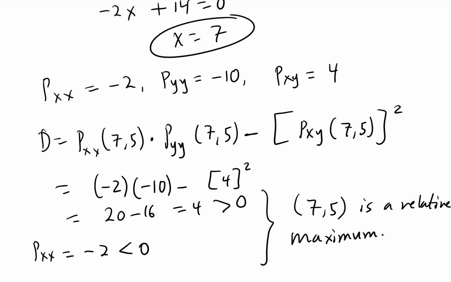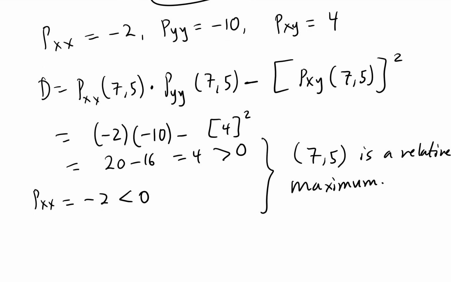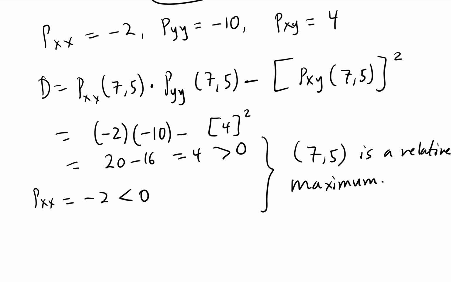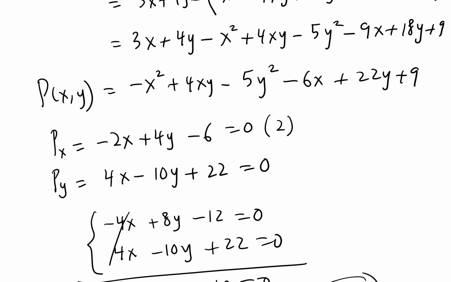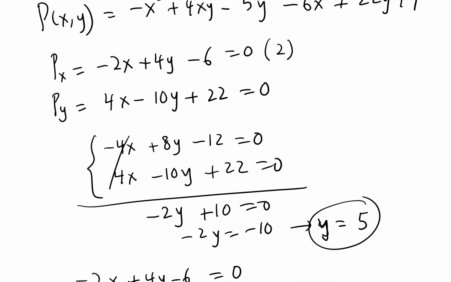Now to find how many of each type, what we do is we calculate P at that point, (7,5). P(x,y) was negative x squared plus 4xy minus 5y squared minus 6x plus 22y plus 9.